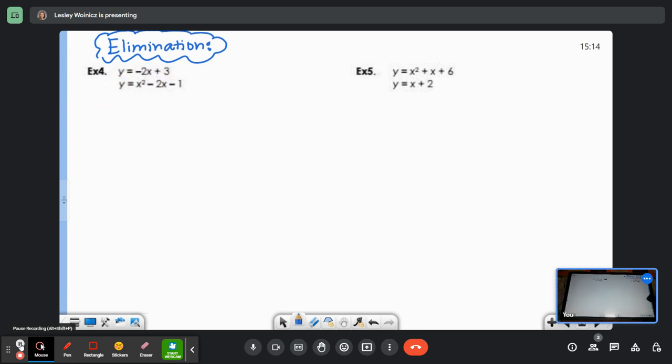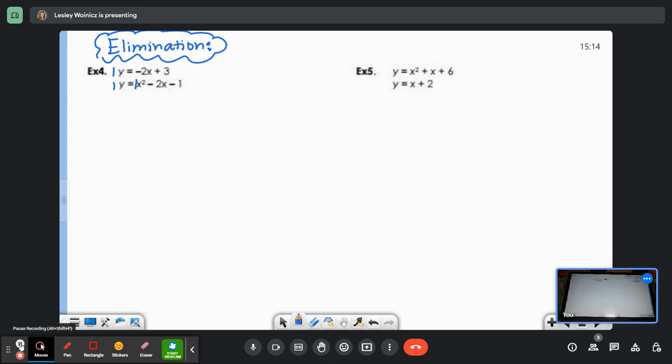So notice that my y's both have already a coefficient of 1. I need one of them to be opposite. I need one of them to be -1. Looking at my equations, I already have a positive a value of 1 for my quadratic. I want to keep that. I want my a value to be positive.